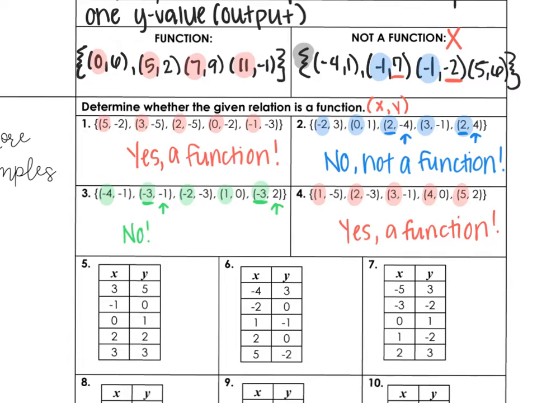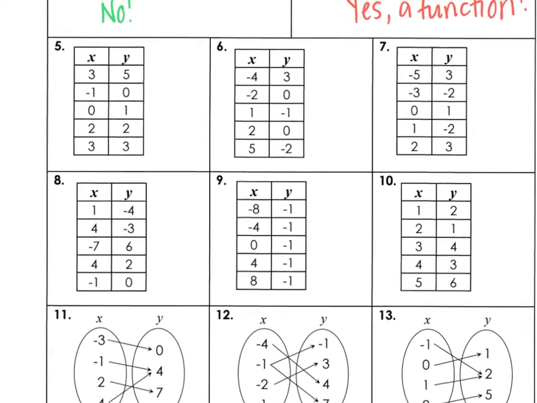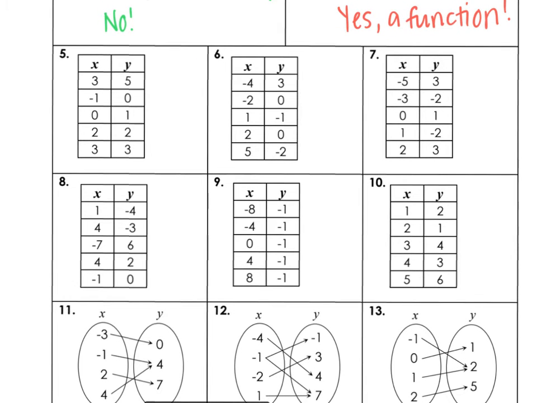Okay, let's look at our tables to determine if these values are a function or not. So just remember, our x's cannot repeat. Each x must have the same y value. So looking at our x values here, I have two 3's as my x value.